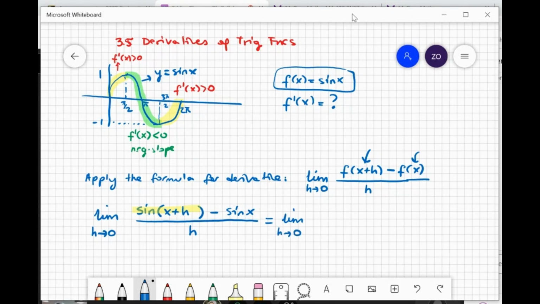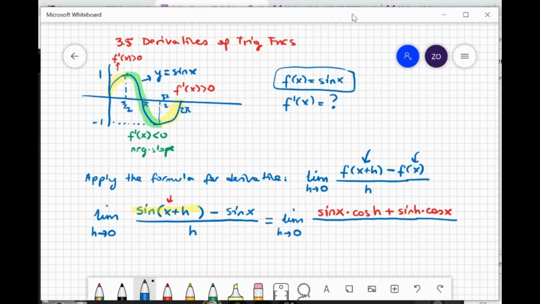Sine of x plus h is the sine of the first angle times cosine of the second angle plus sine of the second angle times cosine of the first angle. Sine x times cosine h plus sine h times cosine x.